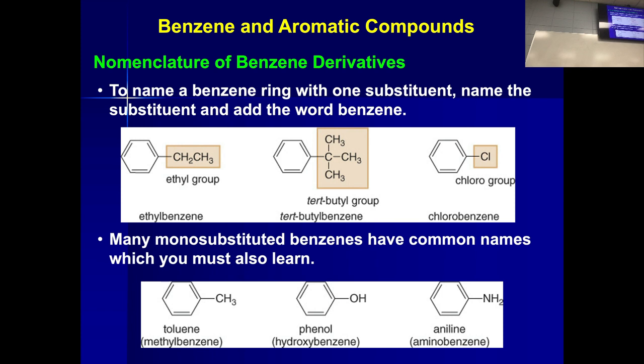Okay? There are also some common names that have just stuck around. So if I put a methyl group on there, you all might say, well, that's methylbenzene. And if you answered that on an exam, I would count it correct. There's nothing wrong with that name. Nobody calls it that. They call it toluene. Anybody know what toluene is used for? Ladies?